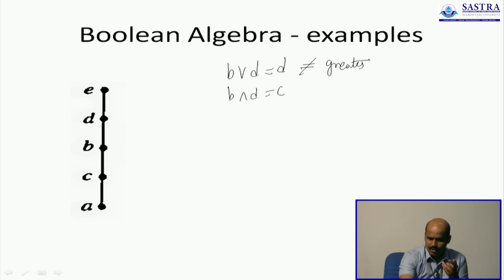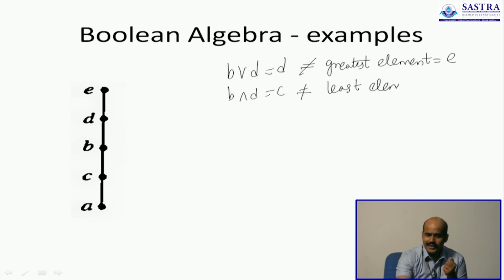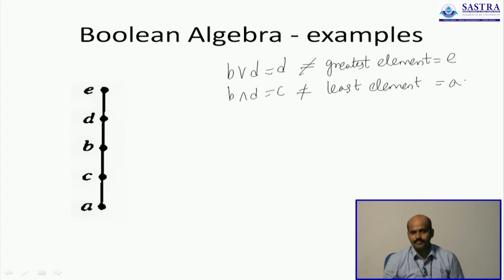The greatest element of this lattice happens to be E, because every element is related to E, and the least element doesn't happen to be A, because A is related to every element and C is not A.